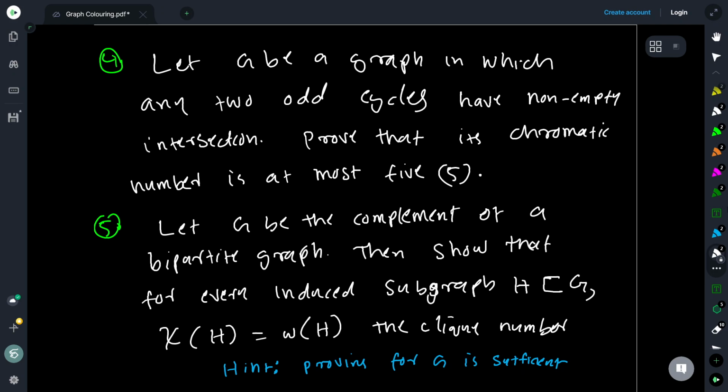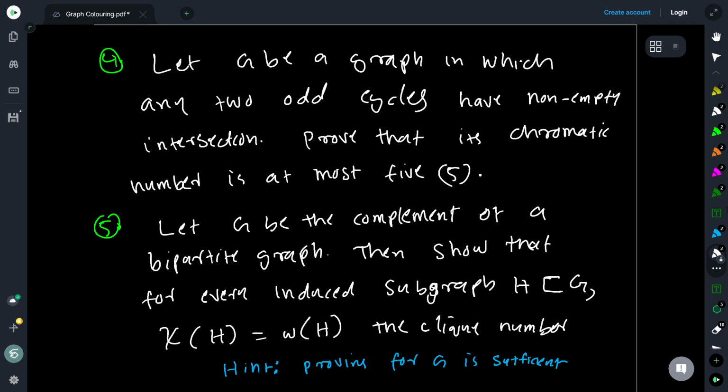Then the fifth question is that given a graph G, which is the complement of some bipartite graph, show that for every induced subgraph of the graph G, the chromatic number is equal to the clique number.